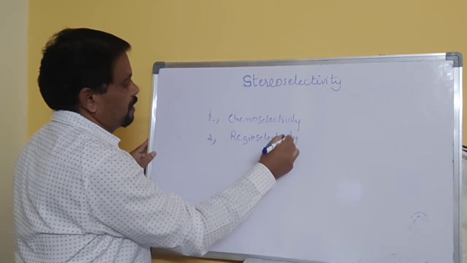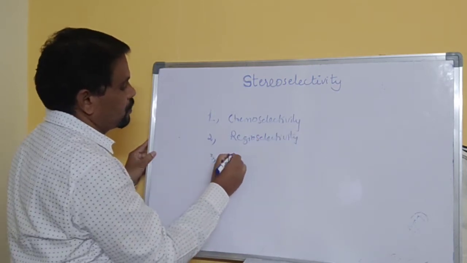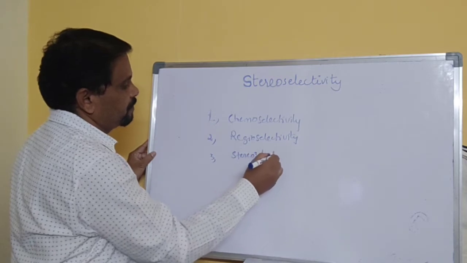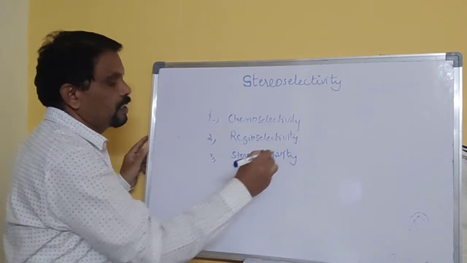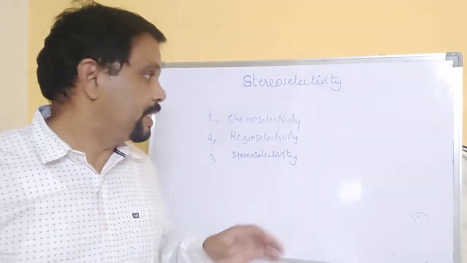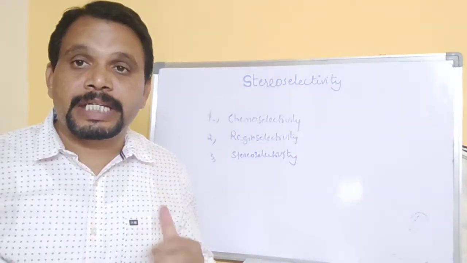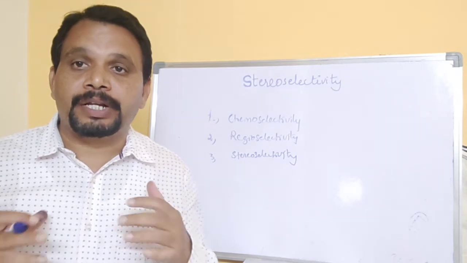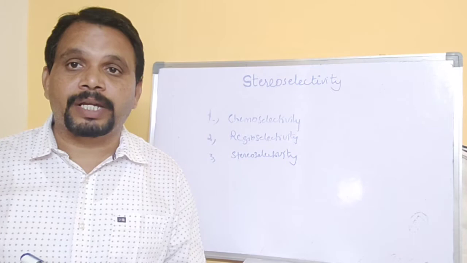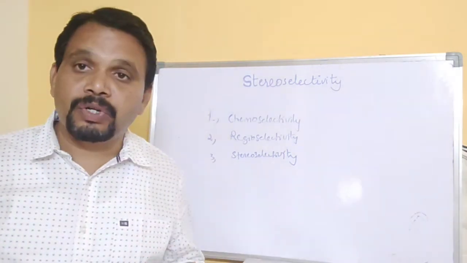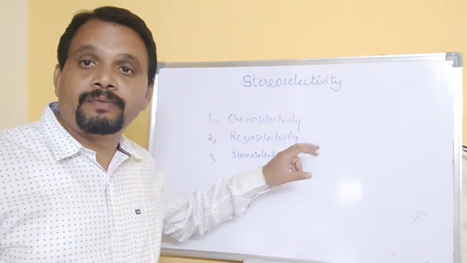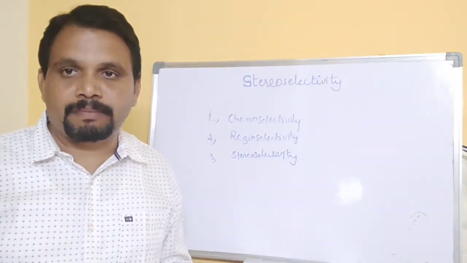The third one is stereoselectivity. So these are the three kinds of selective reactions that exist in chemical reactions: chemoselectivity, regioselectivity, and stereoselectivity. Okay, I'm going to explain them individually with good examples, right?